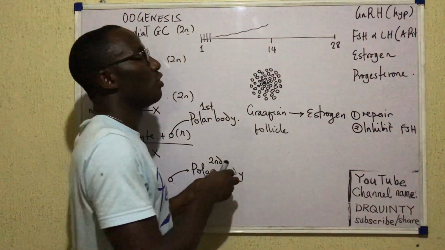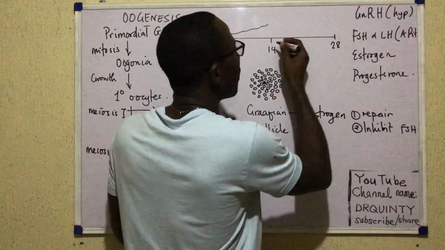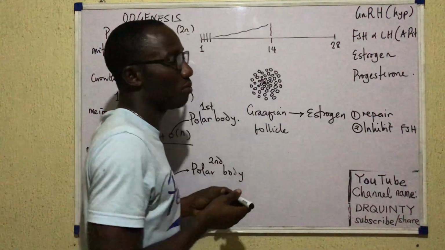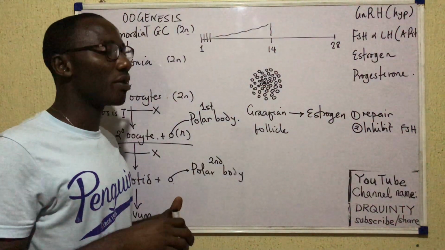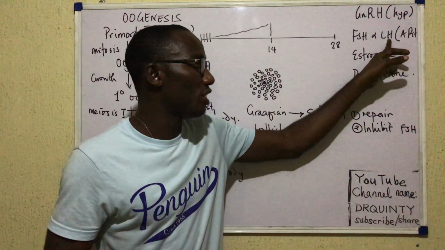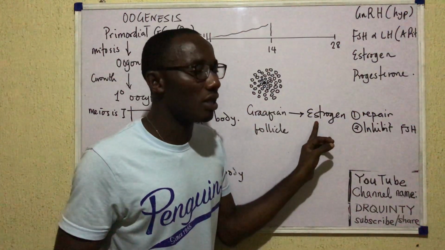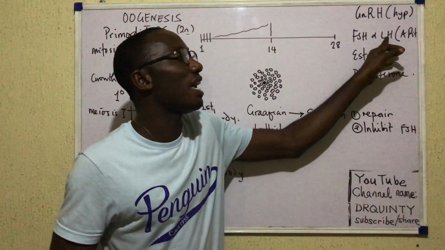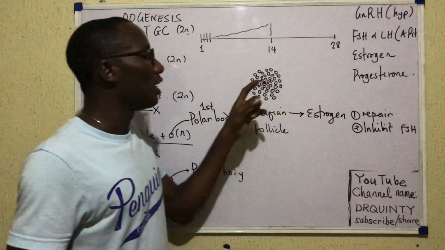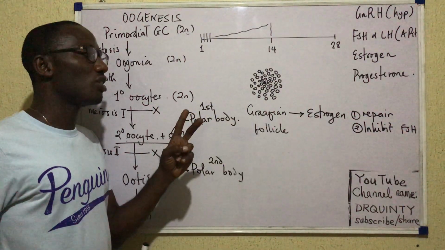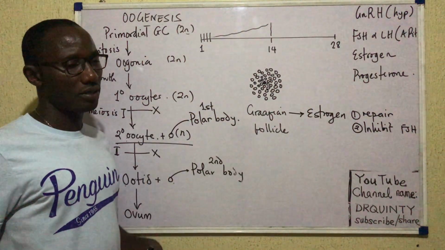Once that luteinizing hormone is released, which is somewhere around day 14, it may not necessarily be on day 14, but somewhere mid-cycle, the LH is released due to increasing levels of estrogen. Now, once that LH is released, it goes straight to this follicle, and it achieves two important things.